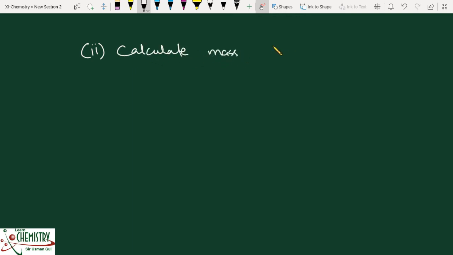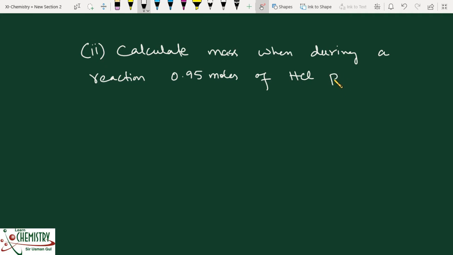Now next, question number 2. Calculate the mass when, during a reaction, 0.95 moles of HCl is produced.